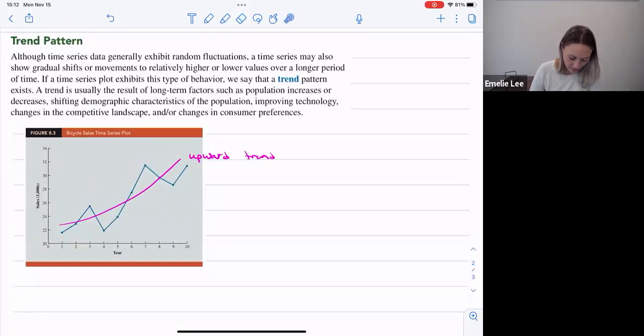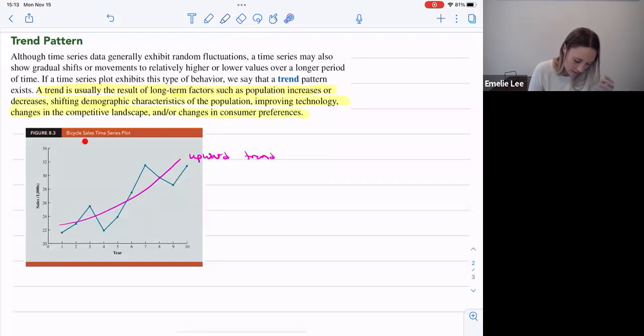Here we can see that there's this upward trend, and how it trends exactly is not something we're going to do right now, but just being able to recognize that trend. We call that a trend pattern. A trend is usually due to long-term factors, and there's lots of things that could affect it.